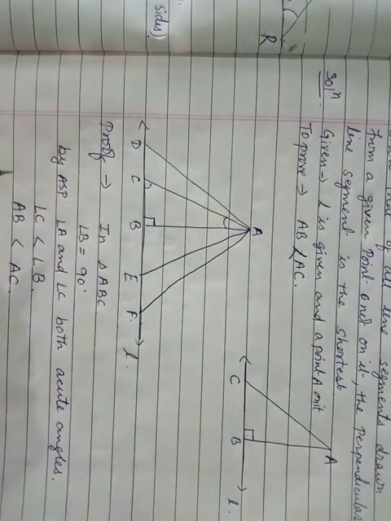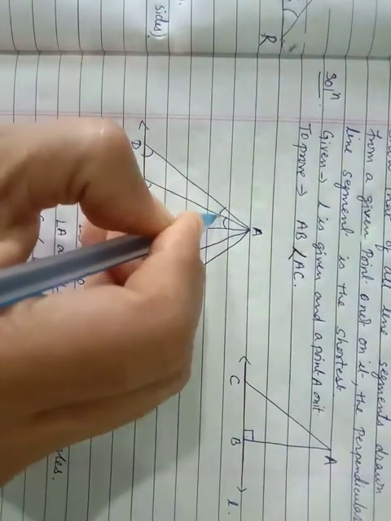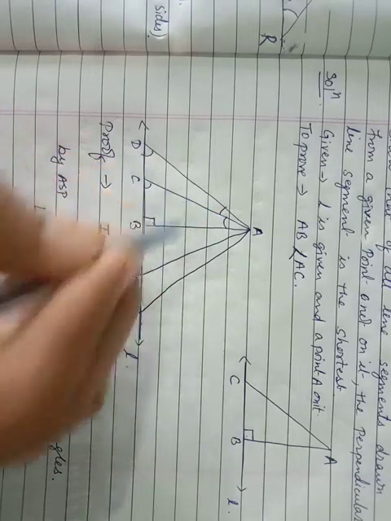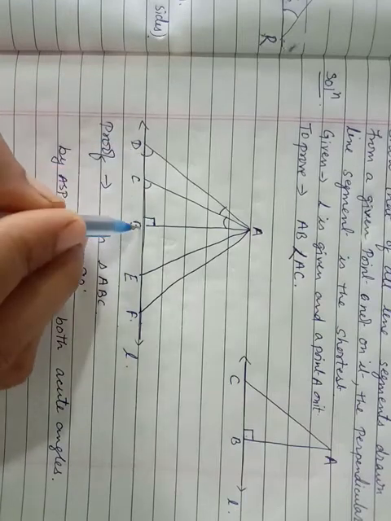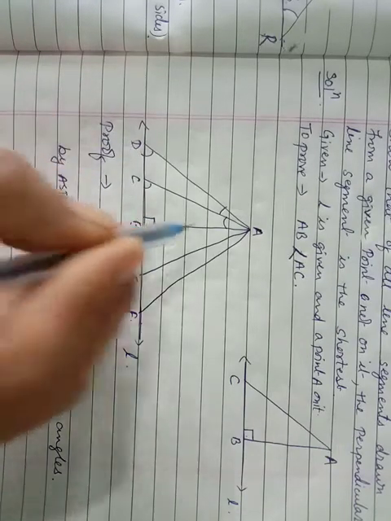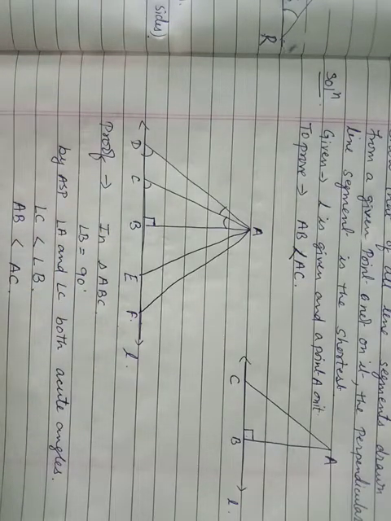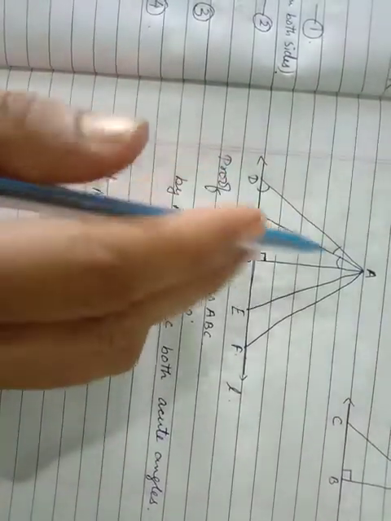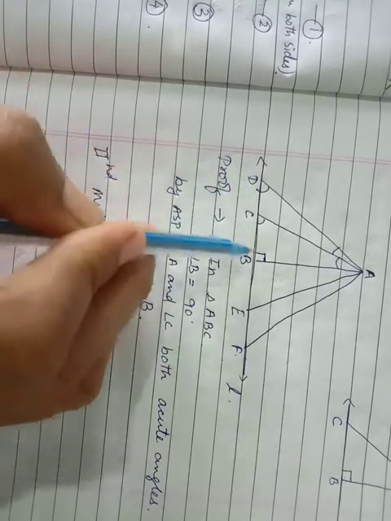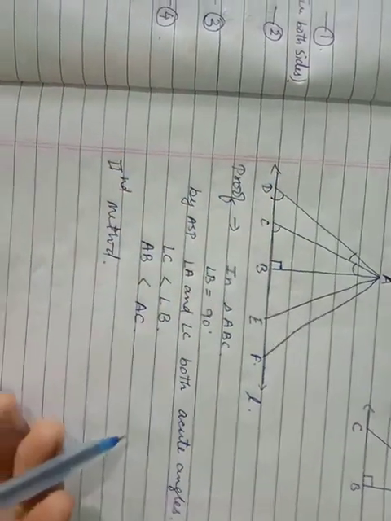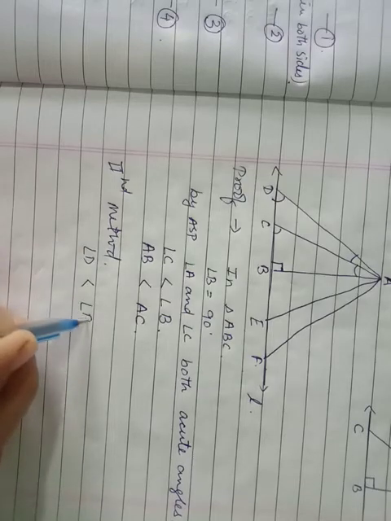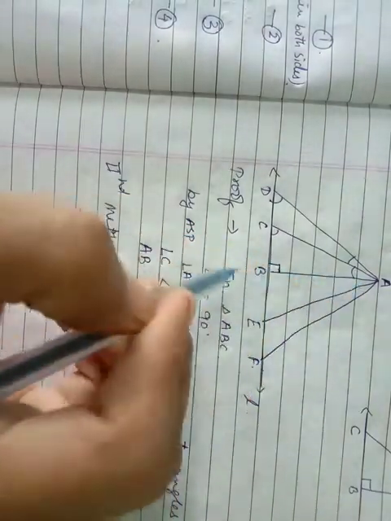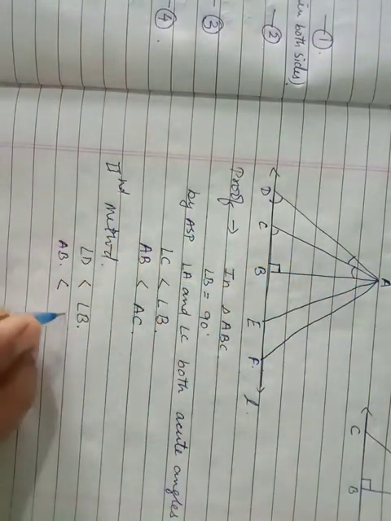Again angle B is 90 degrees, so the sum of angle A and D is 90, so A and D will be acute angles. So angle D is smaller than angle B. The side opposite to angle D is AB, so AB is smaller than AD.